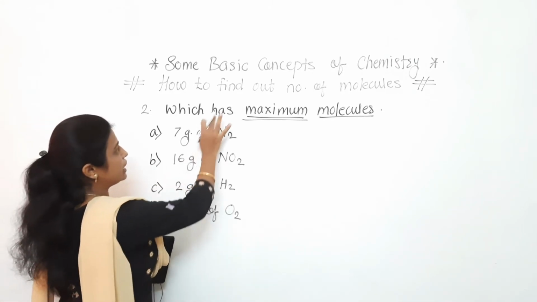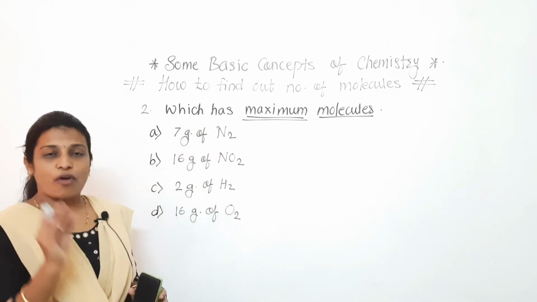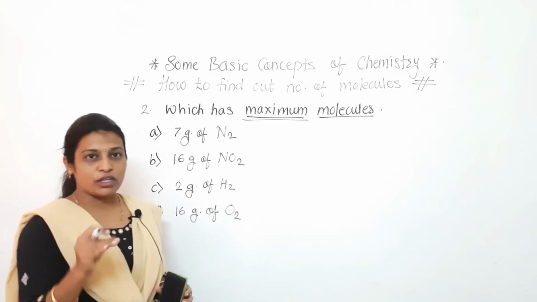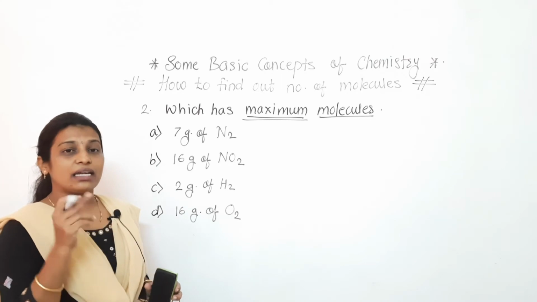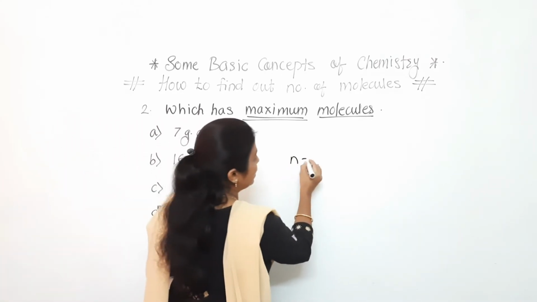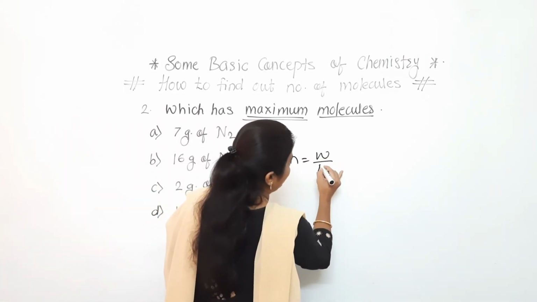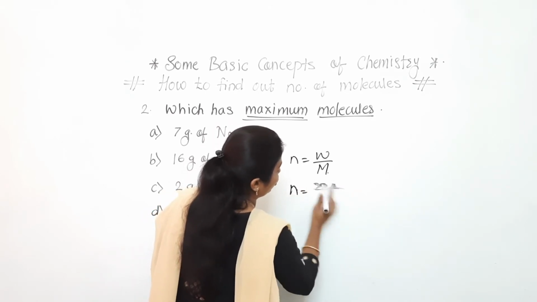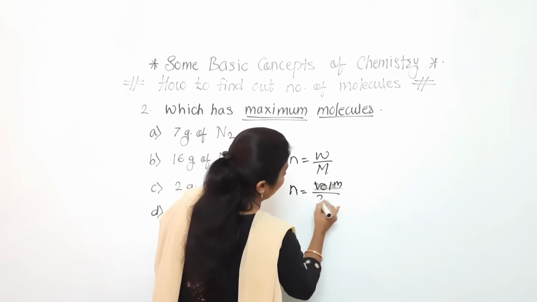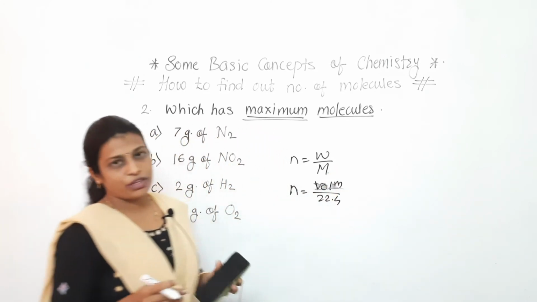So now see here, in that also we have to use the formula. Which formula? Number of molecules is equal to number of moles into Avogadro's number. In that, number of moles will be W by M, or n is equal to volume divided by 22.4. Either this or this formula we have to use.